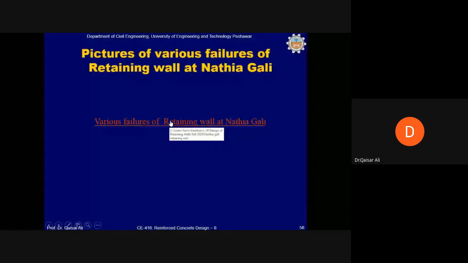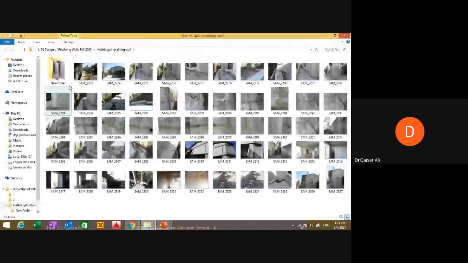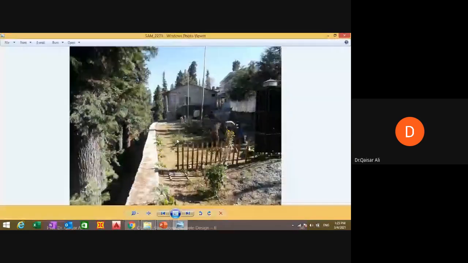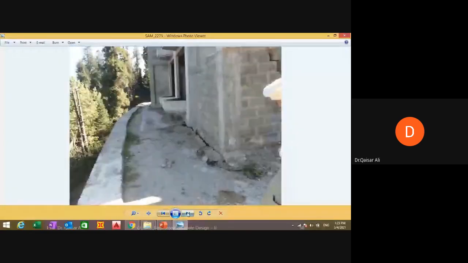Okay. Next, I will also share with you one of our projects where we have done an assessment of a retaining wall in Nathiagali in the Chief Minister House. We then retrofitted this retaining wall, which was basically very weak against sliding. This is the Chief Minister House in Nathiagali.